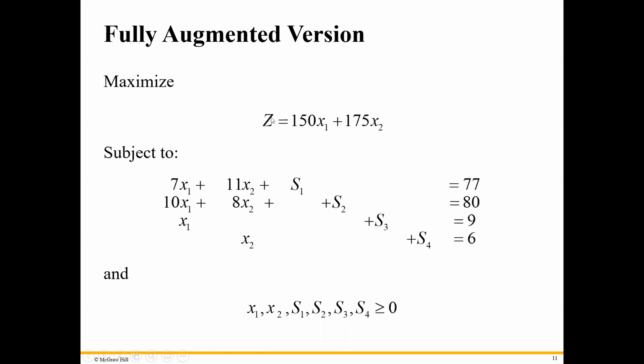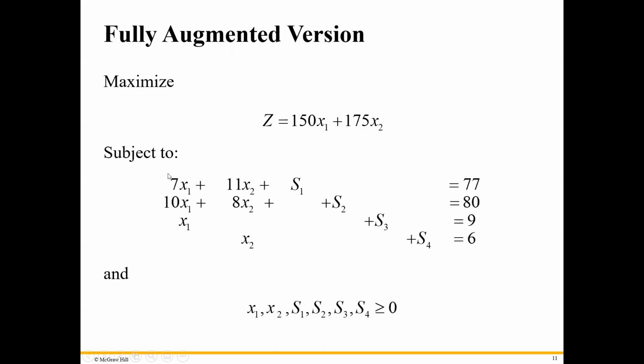In this case, we have to maximize the value of Z, which is equal to 150 x1 plus 175 x2. That means if x1 ton of one type of gas is produced and x2 ton of another gas is produced, we multiply them respectively by 150 and 175 to get the total profit. So we have to maximize this profit.